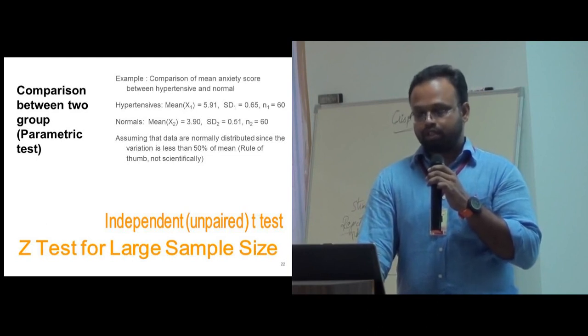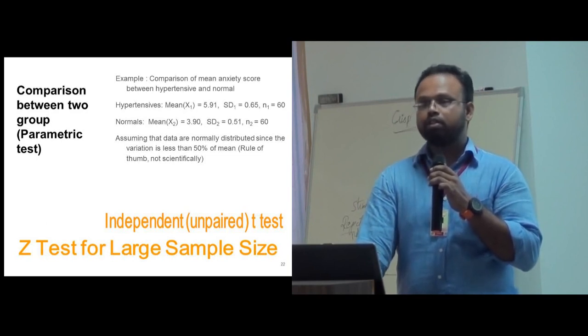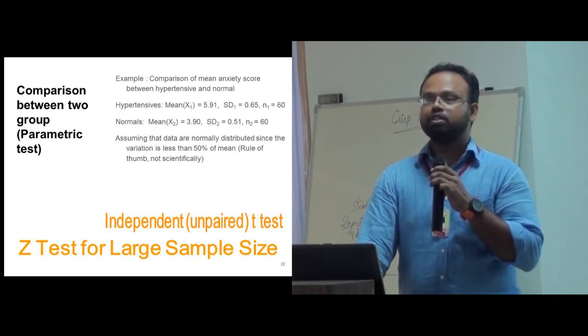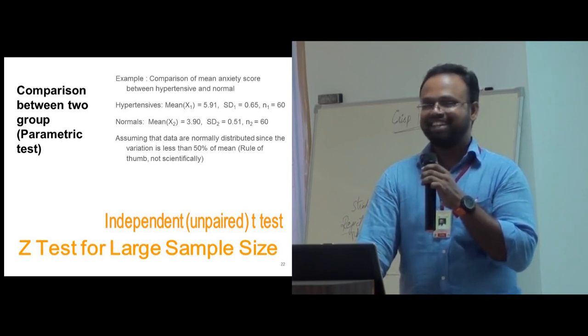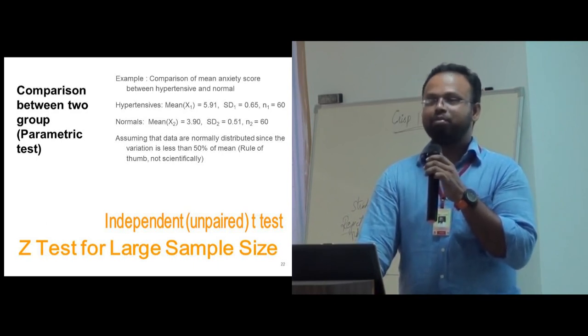So what is the test of choice? Your exposure variable is a categorical variable, outcome variable is a continuous variable. So what is the test of choice? Tell me the answer now.